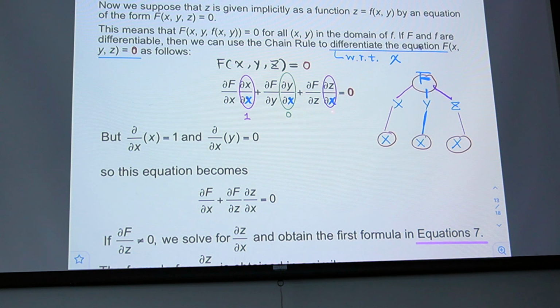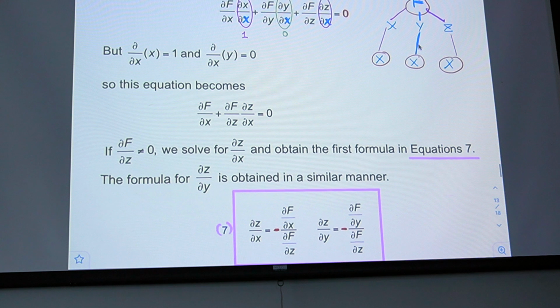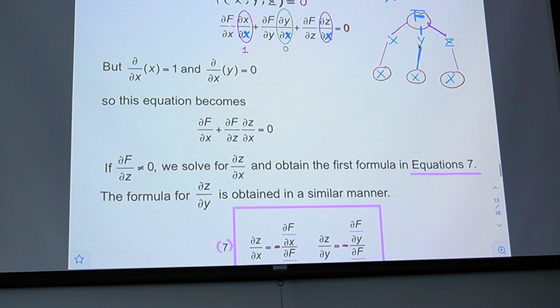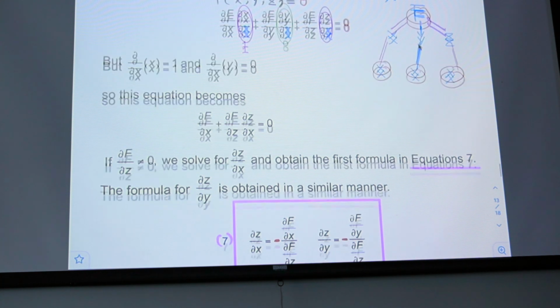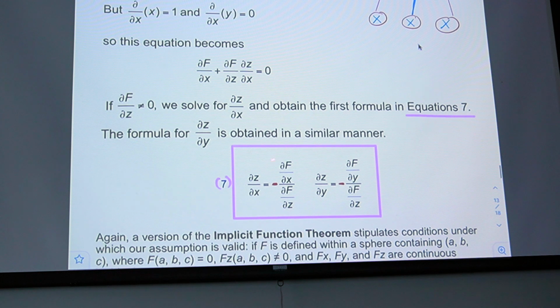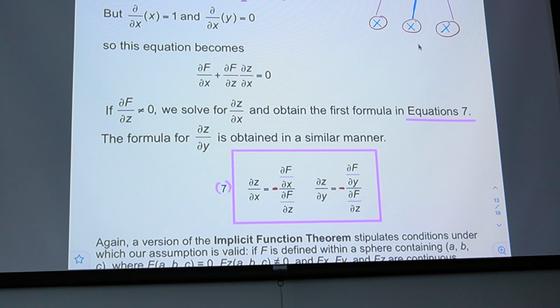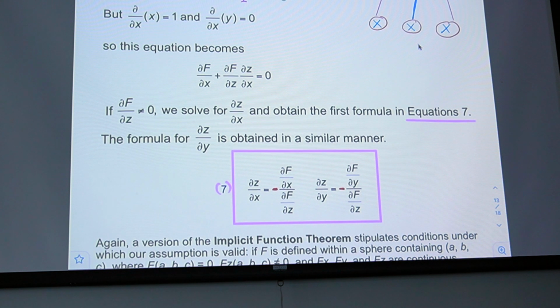What does partial z, partial x equal? Negative partial F, partial x divided by partial F, partial z. Which is this one over here. You guys follow? Good. Similarly, we can also find partial z, partial y equal to this.